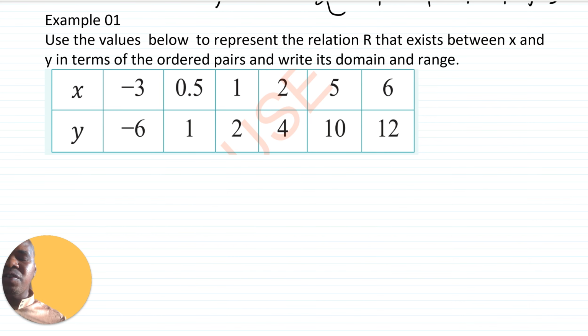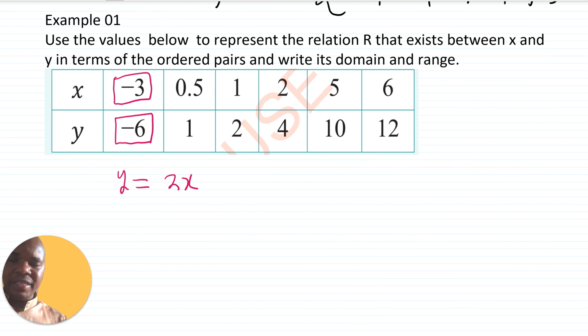To see the connection between X and Y, from the first members of these values we can see that Y is equal to 2X. And I think this is valid when we check all values here. For us to get Y equals 1, we just multiply 0.5 times 2.